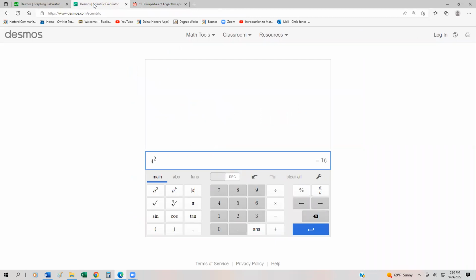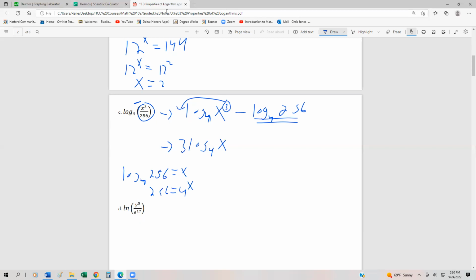We know 4 squared is 16, 4 cubed is 64, but 4 to the 4th, I believe, is 256. That's helpful because now we can rewrite this as 4 to the 4th equals 4 to the x, and then there's the one-to-one correspondence that 4 is x, so this just becomes 4. This is just one way that we could write this expression.